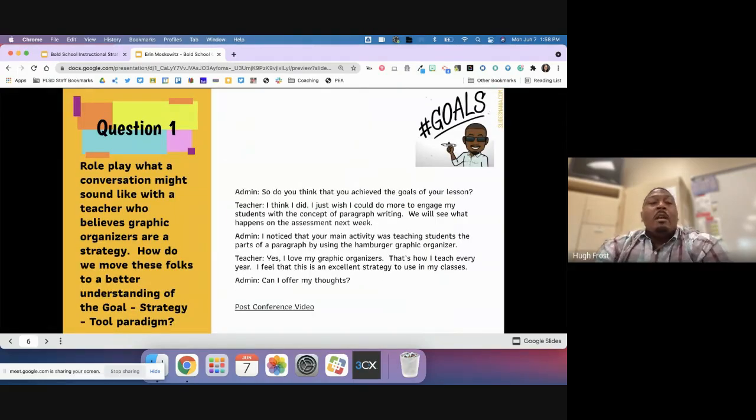Okay, question 1. Question 1 states, role play what a conversation might sound like with a teacher who believes graphic organizers are a strategy. How do we move these folks to better understanding of the goal, strategy, and tool paradigm? In chapter 8, our author gives an example of a teacher named Greg.